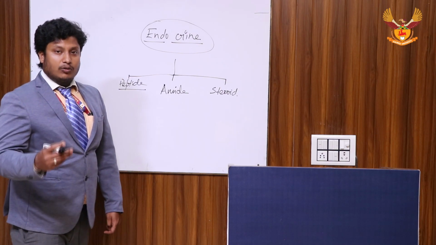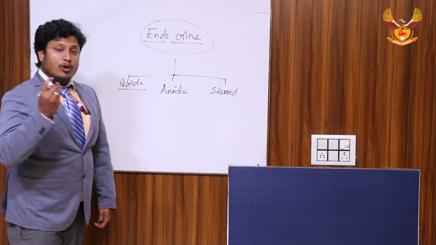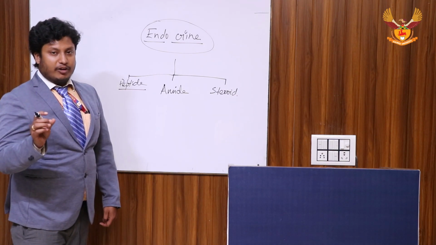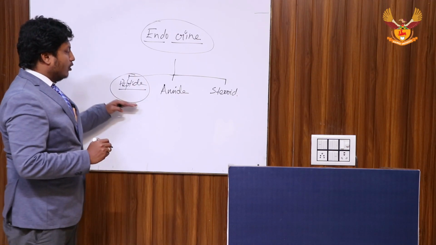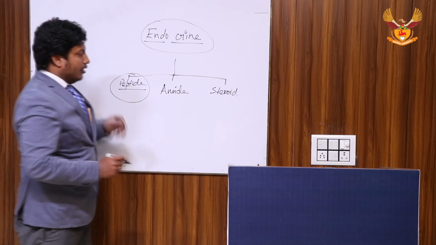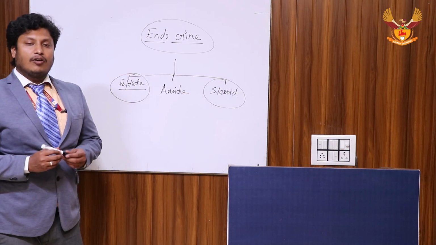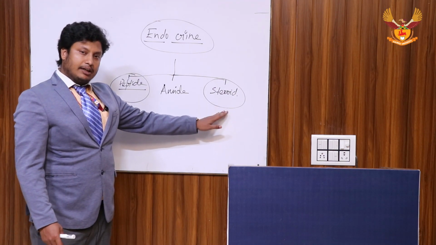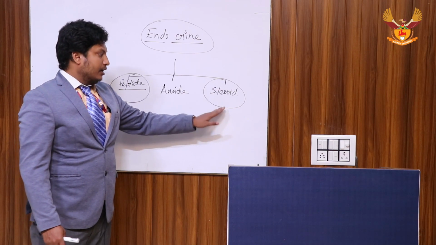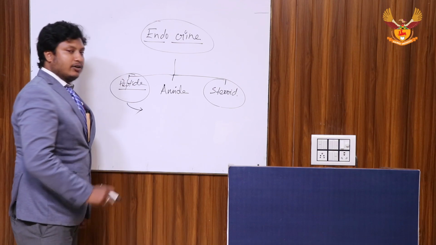So the molecules which are hydrophilic cannot pass the plasma membrane. Peptide hormones are hydrophilic, so they cannot pass the plasma membrane. Whereas the steroids, which are derivatives of cholesterol, are definitely lipophilic molecules and can pass through the plasma membrane.